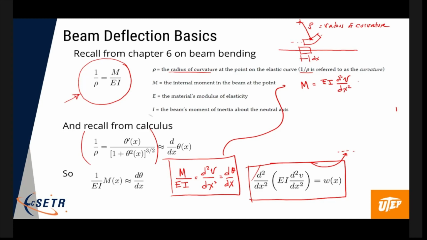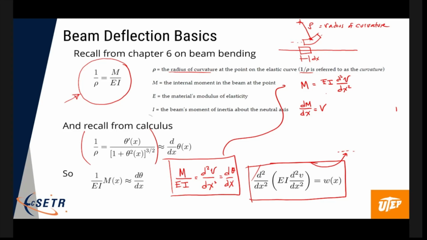Now, if you remember when we did the shear and bending moment diagrams graphically, we knew that the derivative of M with respect to x was V, correct? The value of the shear diagram is equal to the slope of the moment diagram, or actually there we integrated.